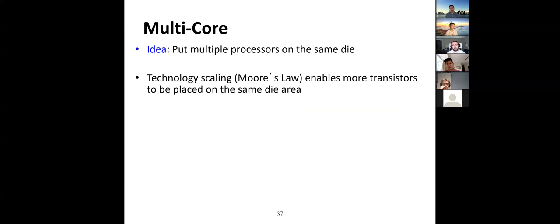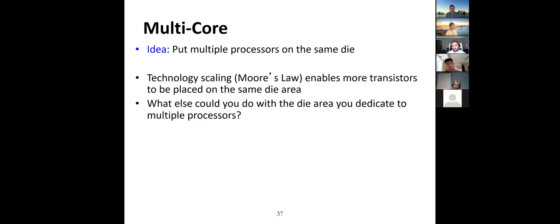The problem is that I can put more transistors on the chip and I'm willing to charge you more for them, but there is no way I can easily speed up your performance. I cannot make your chip efficient because I cannot power all these transistors at the same time. So what I do is just sell you more CPUs, more cores, because there is not really a lot you can do with it.